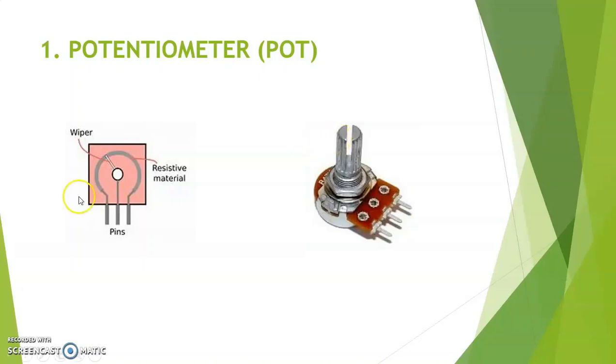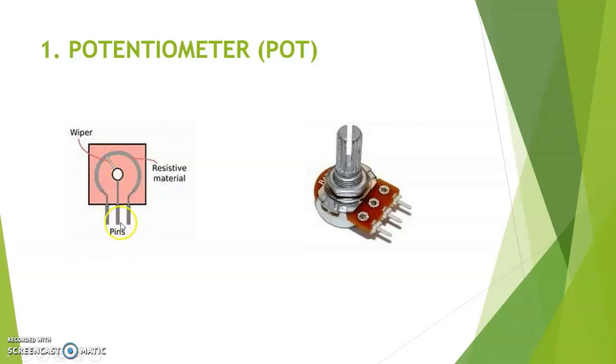This is the knob actually, and it is connected to a wiper. So the wiper would be connecting somewhere over here. This is the resistive material that is starting from here to here. We have got 3 pins on it: the first pin, the second pin and the third pin. If the connections are taken from the first and the third pin, then we have the entire resistance value with us.